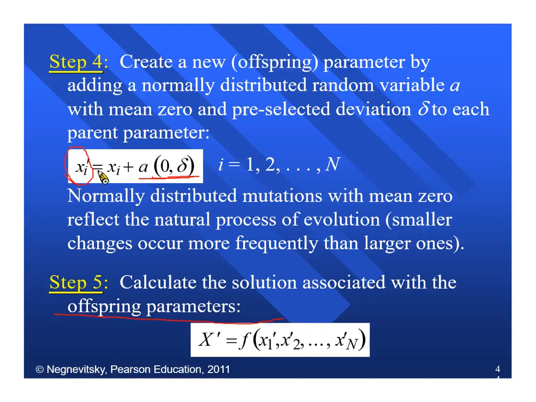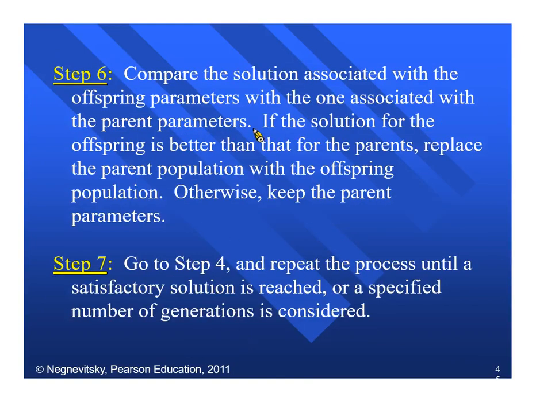We add Si prime, and here we get a new value, big S prime. And then compare the solution associated with the offspring parameter with the one associated with the parent parameter. If the solution, this is the important part, if the solution for the offspring is better than that for the parent, replace the parent population with the offspring population.